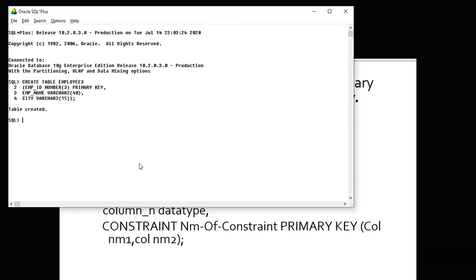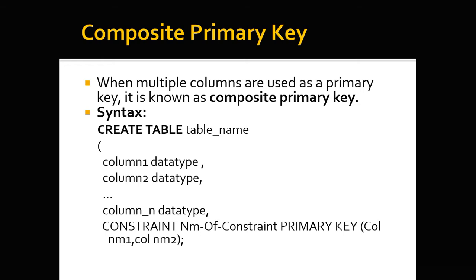Fine. Now today we will learn the composite primary key. What is composite primary key? Composite primary key means when you apply a primary key on multiple columns, then those columns are known as composite primary key. જ્યારે આપણે એક કરતાં વધારે columns પર primary key apply કરીએ છીએ એને composite primary key કહેવાય.